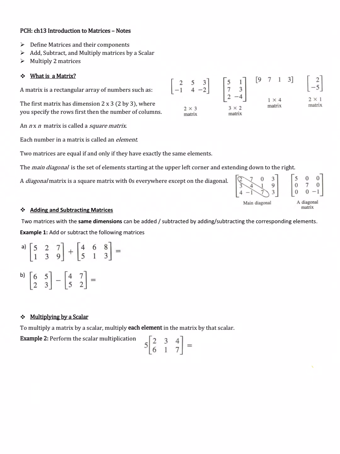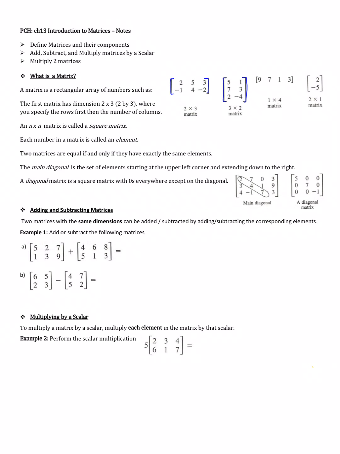What is a matrix? First off, notice that it has this little bracket, which represents that these are matrices. We have dimensions for a matrix, and it's really important to understand how this works, because if you don't have the right dimensions, you can't necessarily add or subtract.